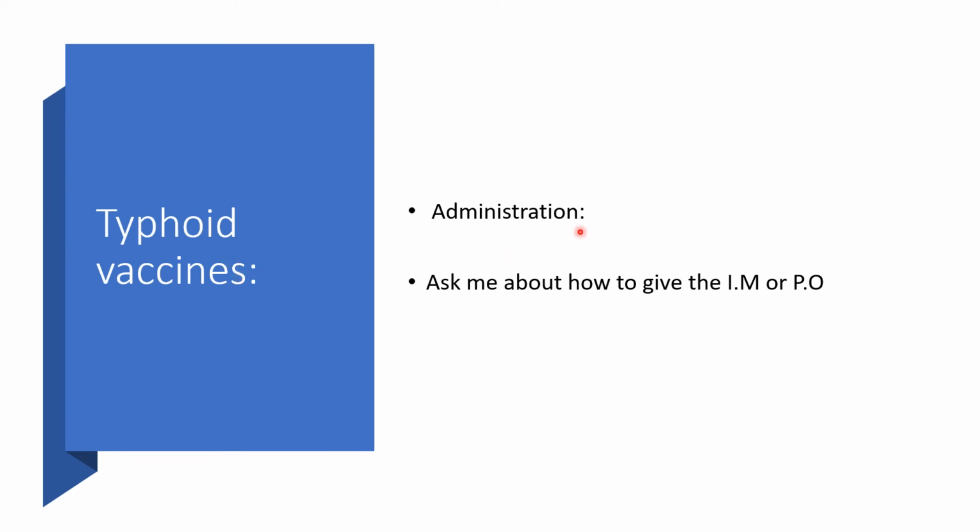Typhoid vaccines administration. I've written here that you should ask me about how to give the IM or per oral. Okay, let's go through that. If you want to give the IM to an adult, you give it at the deltoid, okay? Let the patient be seated, or patient can lie supine, okay?